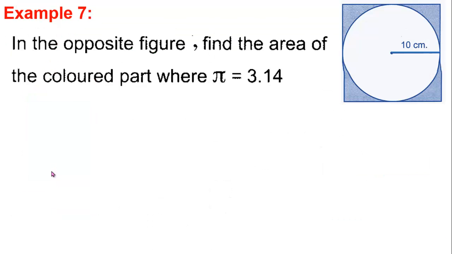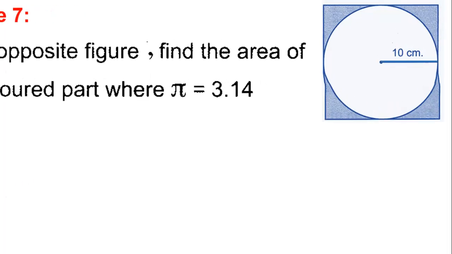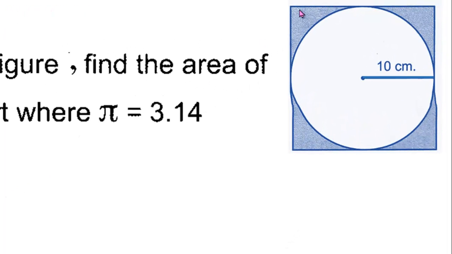In the opposite figure, find the area of the colored part, where pi equals 3.14. Let's have a look at the figure. This figure is in the form of a square, and inside the square there is a circle which is attached from both sides.